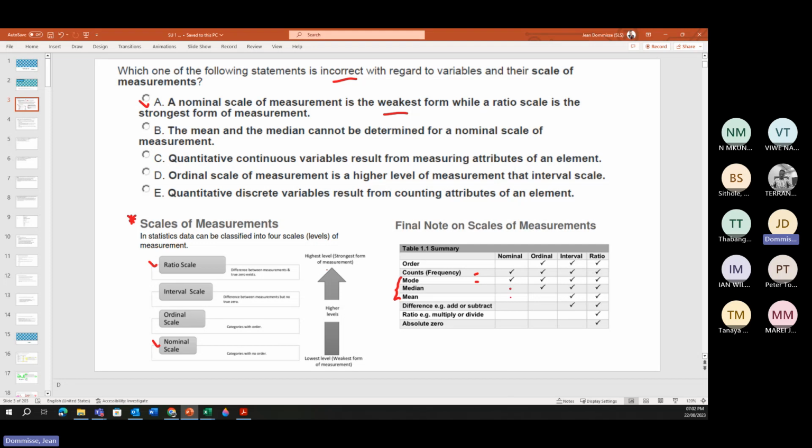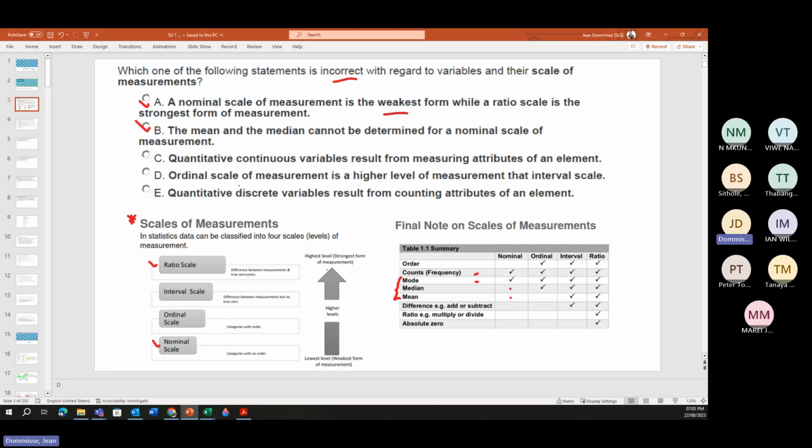Mean and median cannot be determined. Okay, that's true. So that's why, when I added this, very easily now you can answer these questions. If we didn't add this, it would have been, oh, okay, we now need to think very hard on what we need to do.